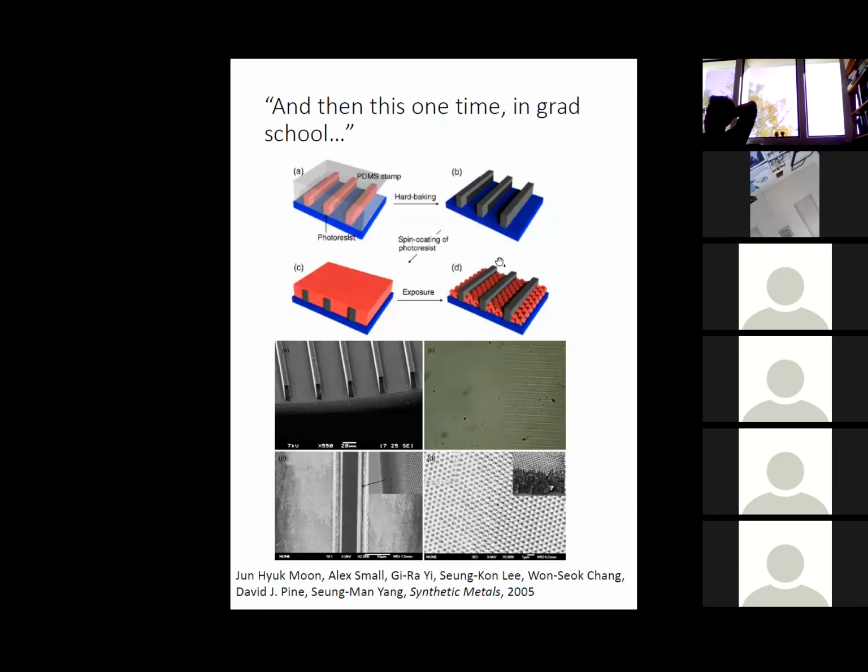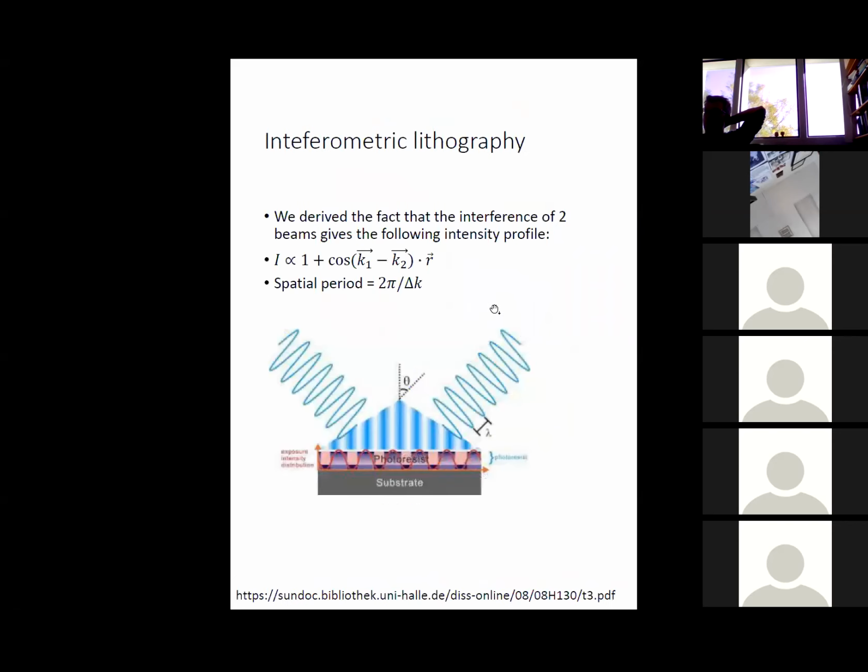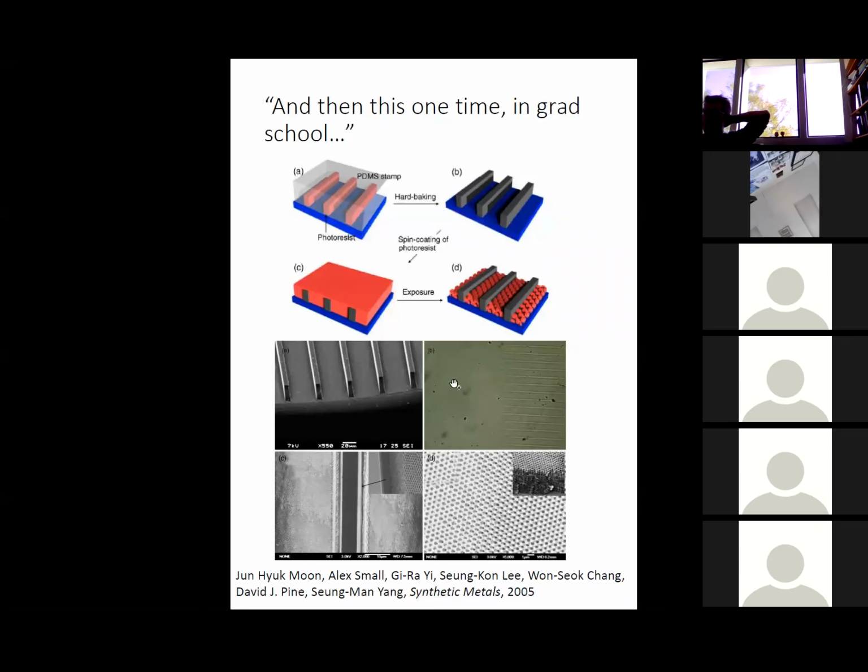And then you could take the photoresist that got deposited in these patterns, and you could expose it to light like this, expose it to two waves, have them interfere. And what you could make is alternating channels of photonic crystal. So this is a very zoomed out view.